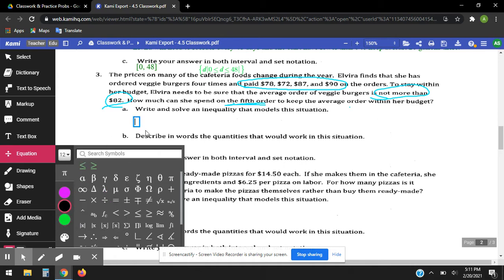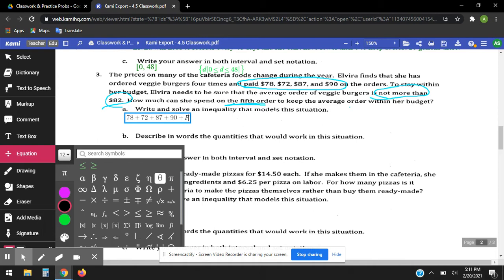Okay, so let's move that up just a little. 78 was the first order, plus her second order, which is 72, plus third order, which is 87, plus 90, plus she's going to have a 5th order.